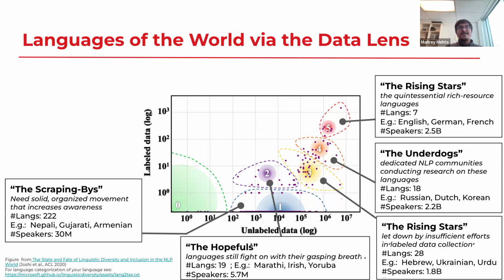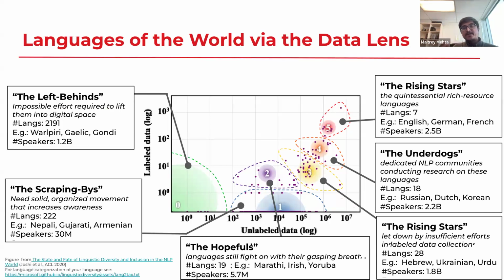Category one is where there is a lot of unlabeled data, but very minimal labeled data, and languages like Nepali, Gujarati fall under this category. I think the number of speakers is slightly wrong because Gujarati in itself has 57 million speakers. But this is category one.